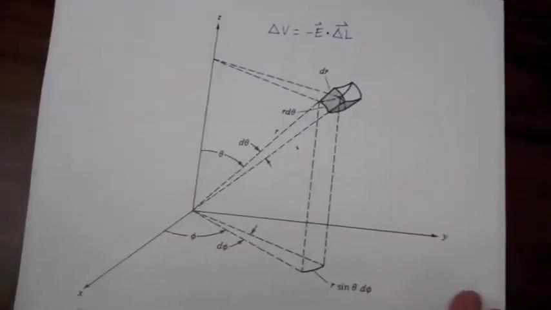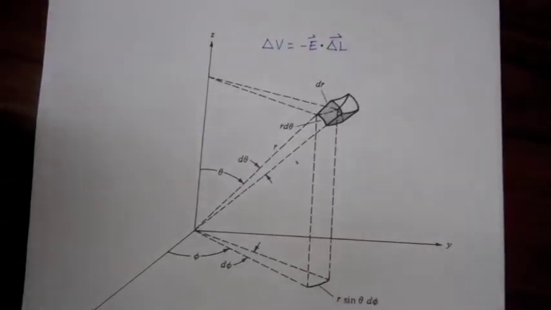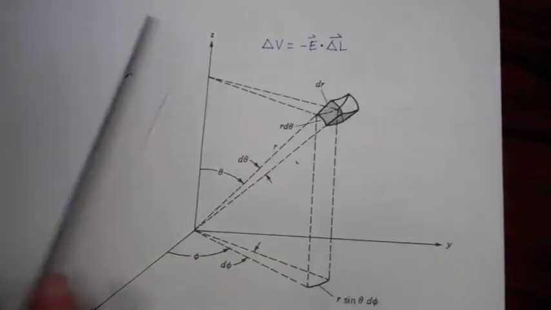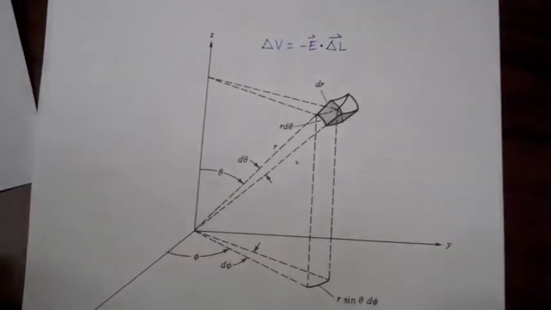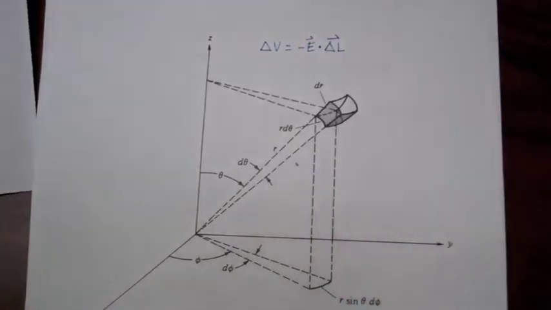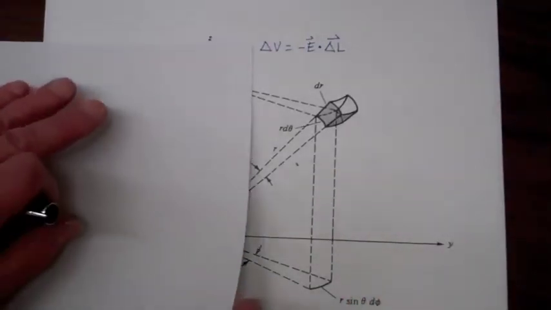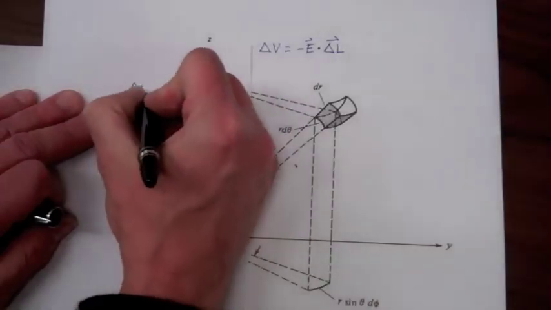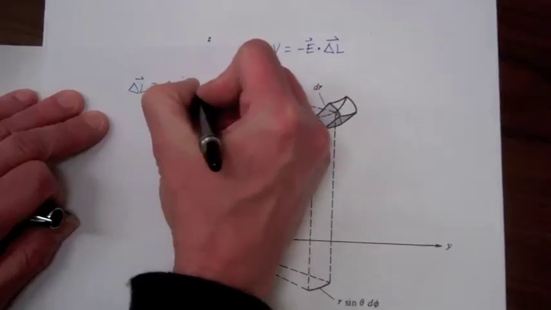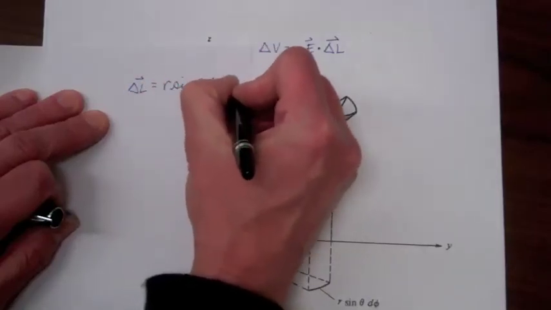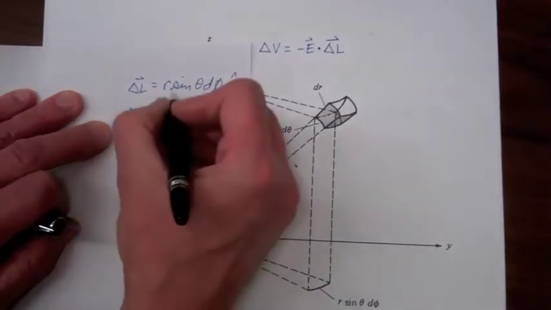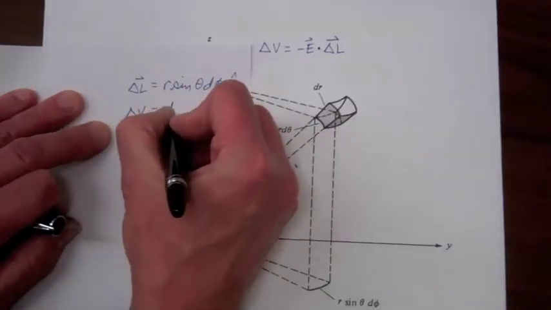Okay, and finally we're going to take our little probe, put it in the a phi direction, and adjust it so its length is r sine of theta d phi, the differential length in the phi direction. So delta L is going to equal r sine of theta d phi a sub phi, and the voltage we measure across our little probe is dV.